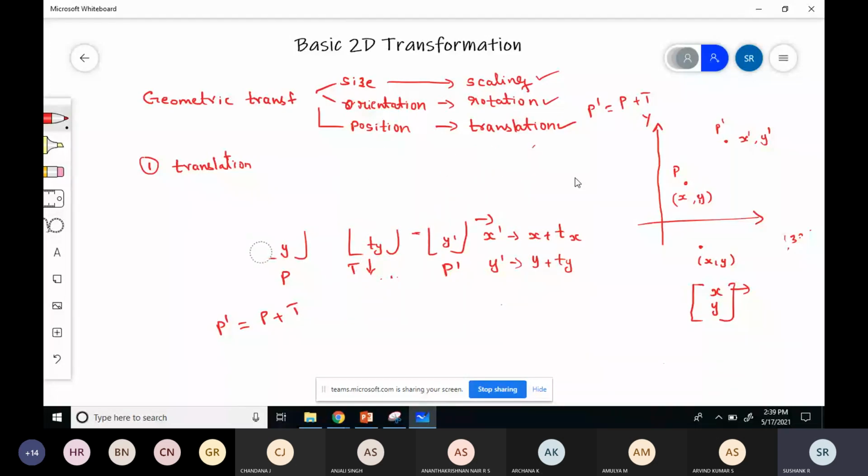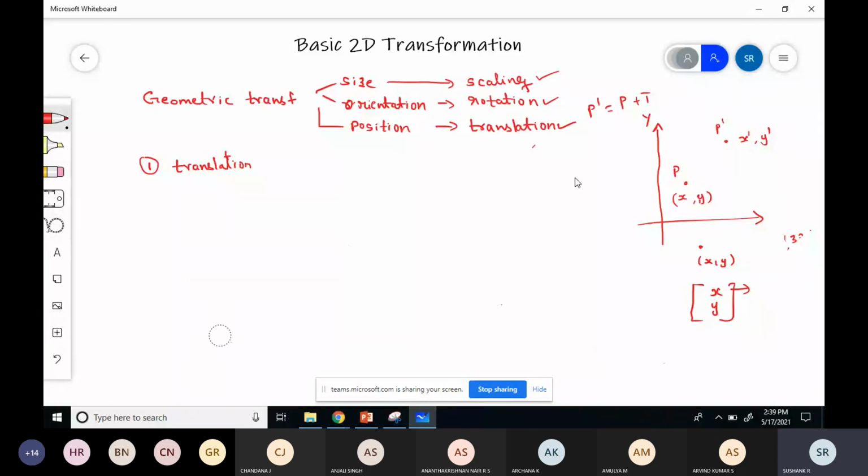After this, we have generated the equation for translation, which is given by p dash is equal to p plus t, where p dash is the new coordinate x dash y dash, t is given by tx ty, and p is given by the initial position x and y.